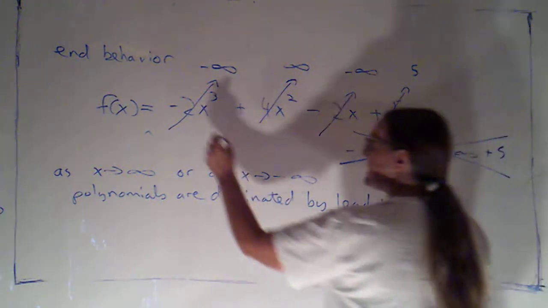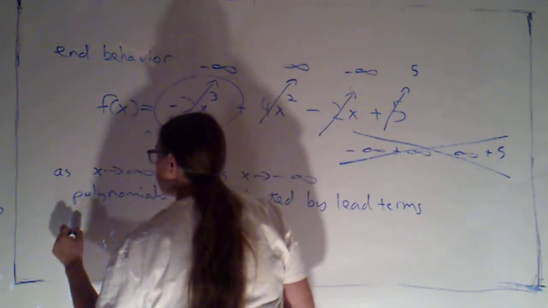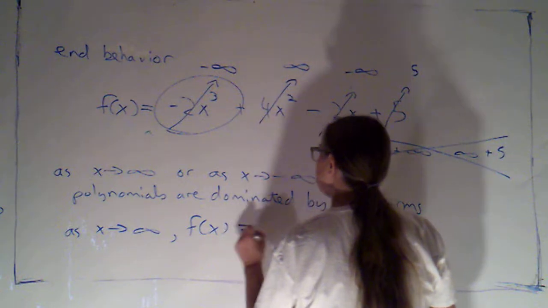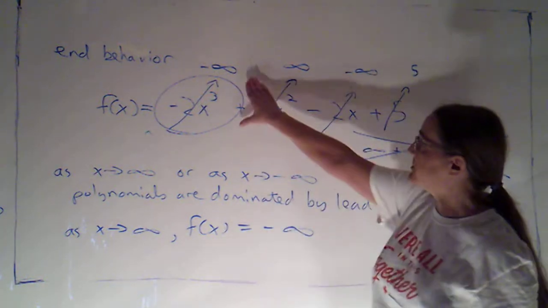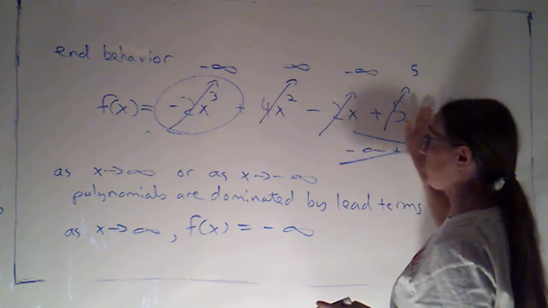So in this case, the lead term was this negative 2x cubed. So as x goes off to infinity, f of x is going to go off to negative infinity, because we had indicated that was what was happening for each of these terms.